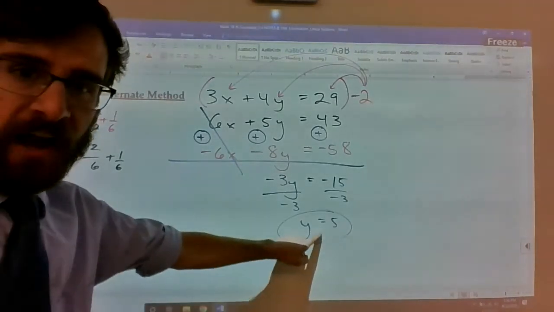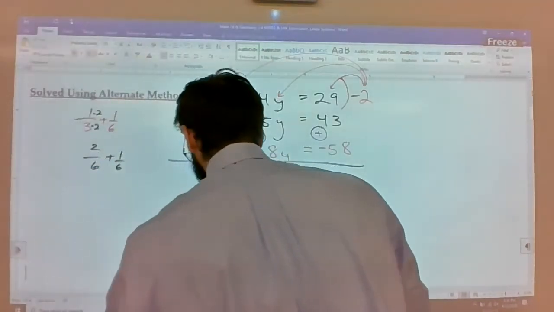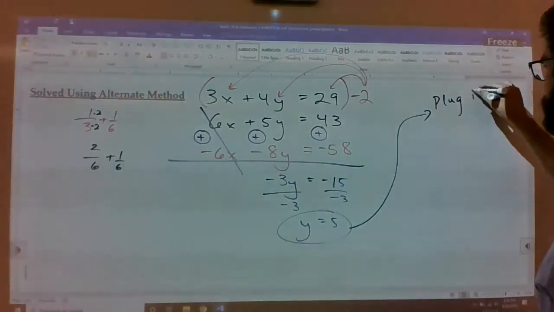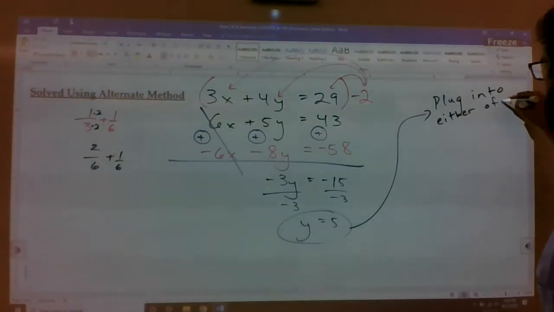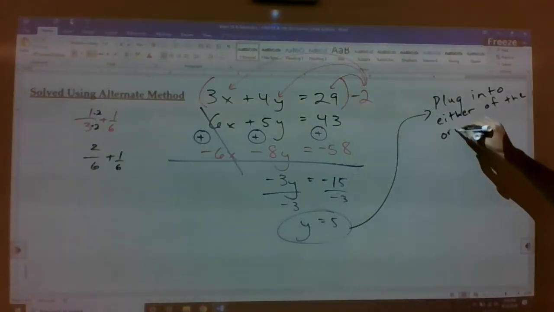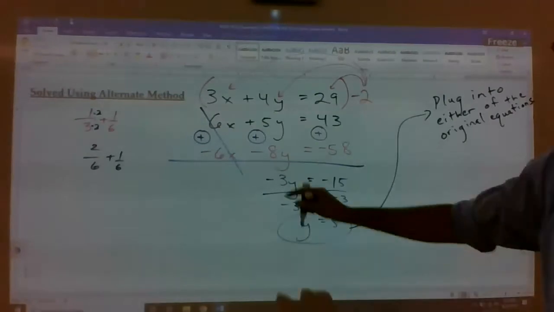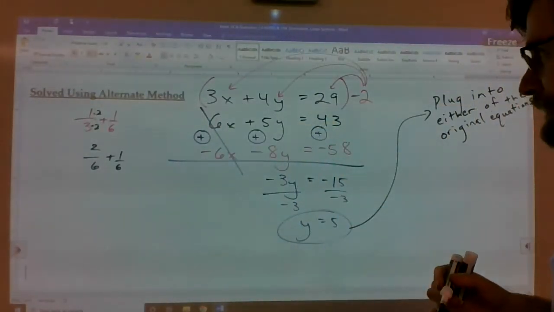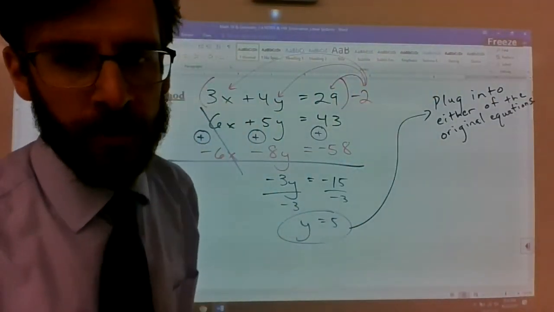Now I've got y equals 5. How do I solve for x? Well, I can take y equals 5 now and plug into either of the original equations. All right, so what did we have? We had 3x plus 4y equals 29 and 6x plus 5y equals 43. I'm thinking that the top one has smaller numbers, so that might be the more convenient one to work with.